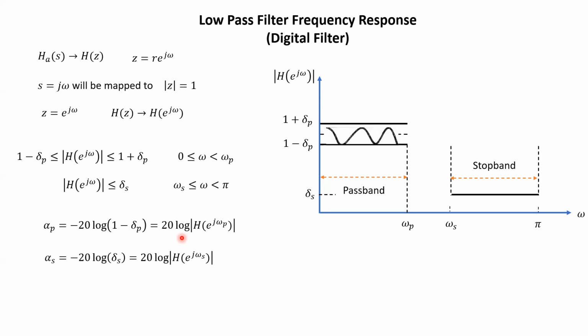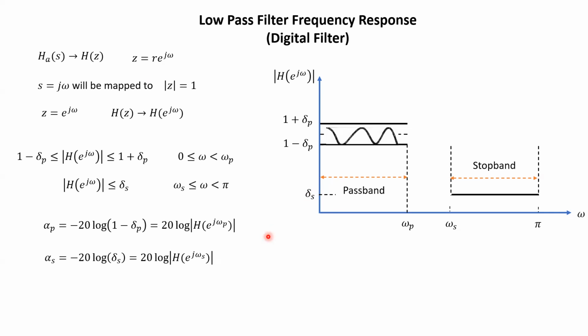Now, similarly, we have the stop band attenuation, right? The absolute minimum attenuation in this stop band is delta s. In the stop band, the gain offered by the filter should not be greater than delta s. It may be less than that, but it should not be greater than delta s. So minimum attenuation should be delta s, you remember.